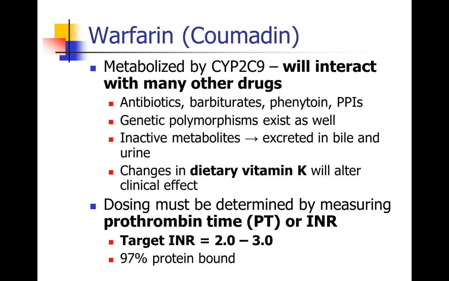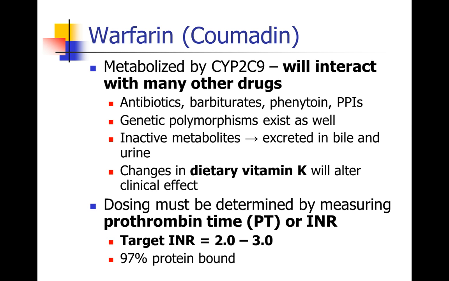Warfarin is metabolized by a subset of the cytochrome P450 family, and as a result, we expect there to be interaction with many other drugs. Some of the most common drugs include antibiotics, barbiturates, phenytoin, and proton pump inhibitors. And there is variability amongst different patients as far as genetic polymorphisms. When warfarin is metabolized, its metabolites are inactive and they are excreted mostly in bile and in urine.